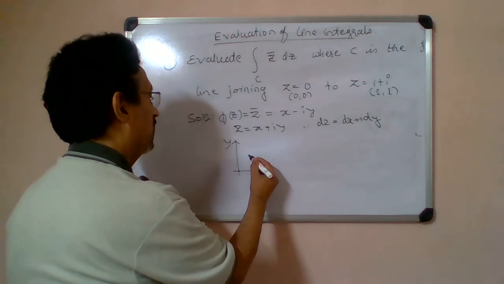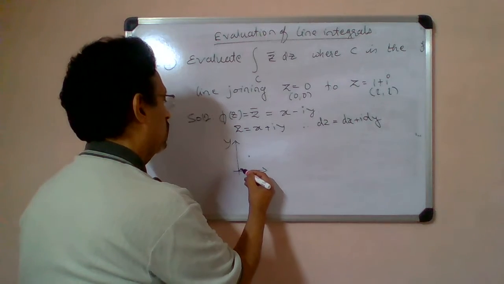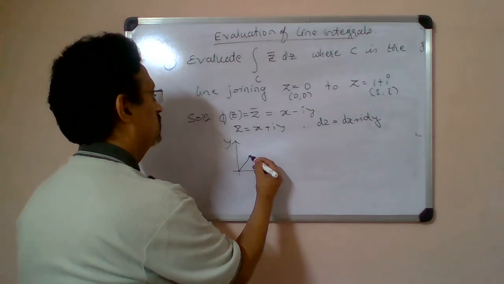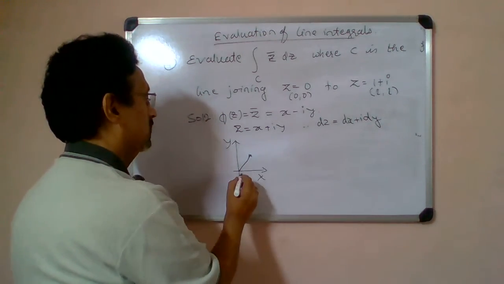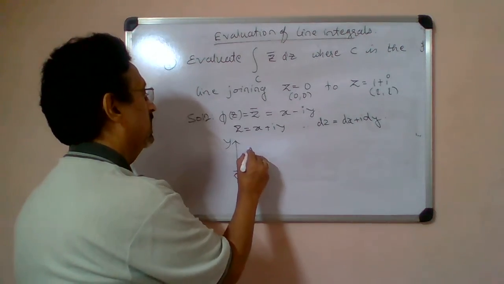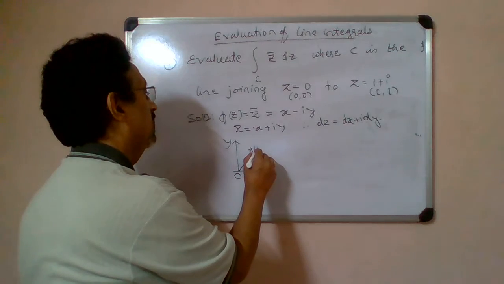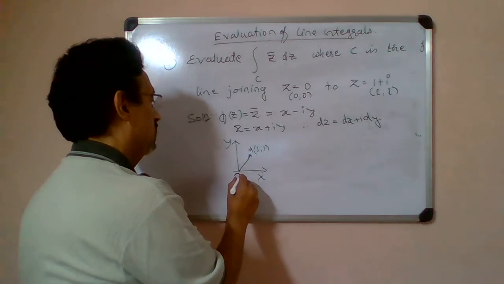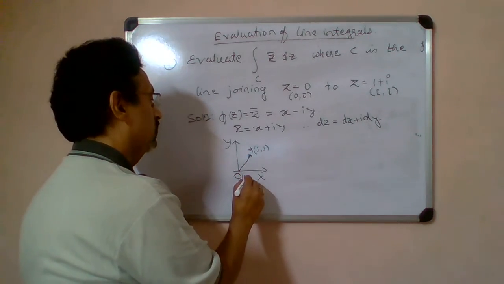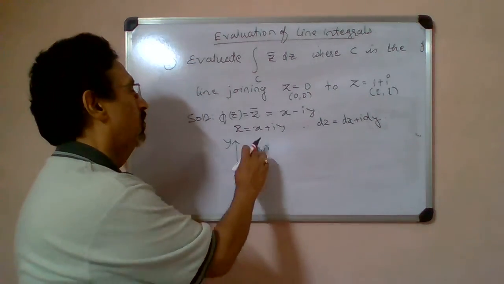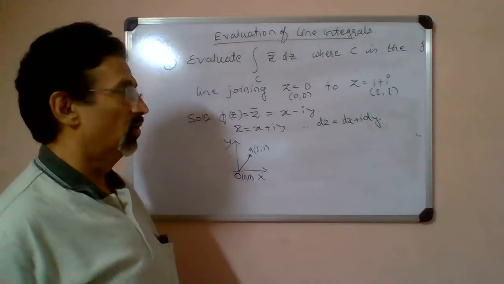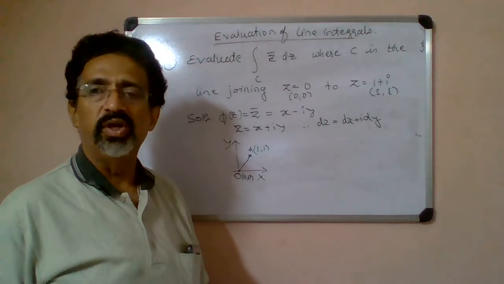That means the line joining 0, 0 and 1, 1. So this is the required line. This is the origin O, this is A. What is the value of A? A is 1, 1. Origin is 0, 0. So the line joining O and A is simply y equal to x.